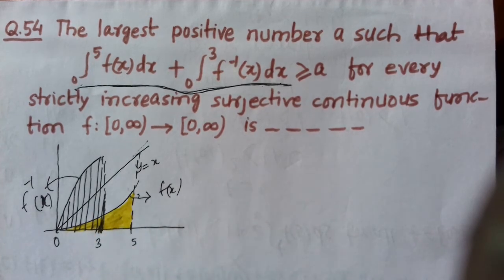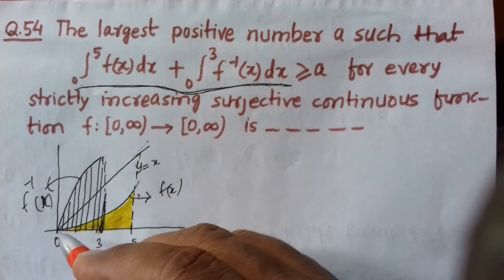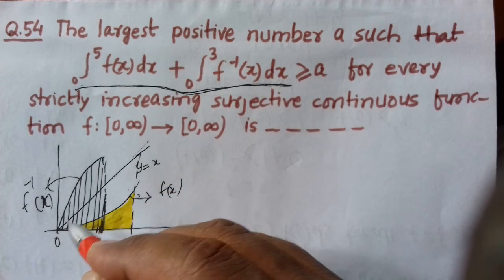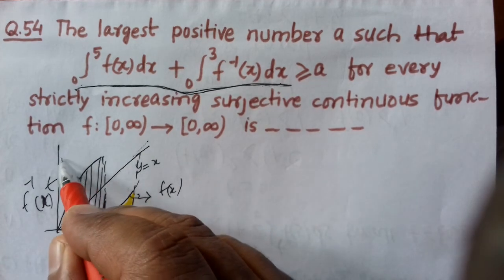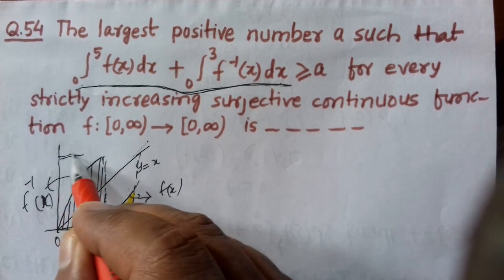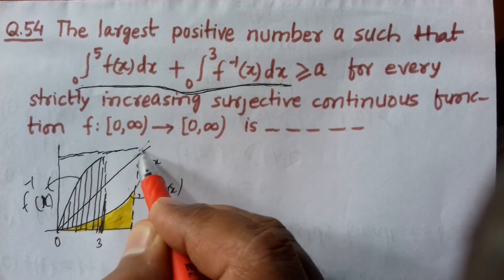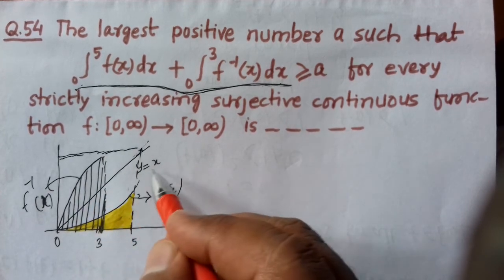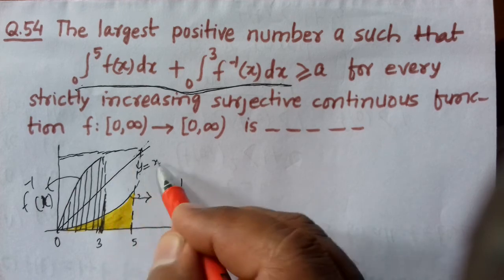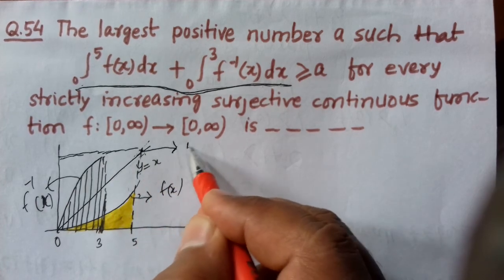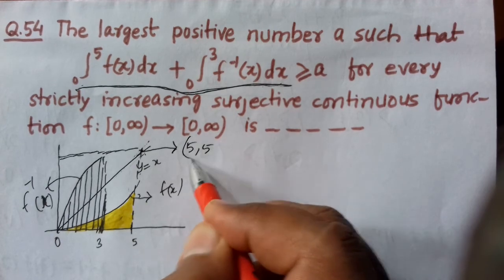And you know that this thing is symmetric about y equals x. So we can draw a line from this to this point, and because here is 5 and this line is y equals x, this point will be (5, 5).